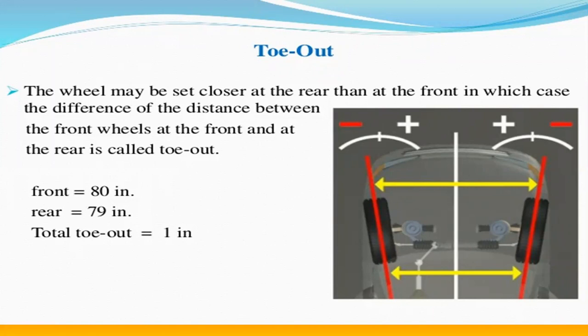And you can see the purpose of toe in and toe out is to ensure parallel running of the front wheels. With toe in we can prevent side slipping and excessive wear of tires, stabilize the steering, and offset the small deflections in the wheel support system which come out during forward travel of the car.